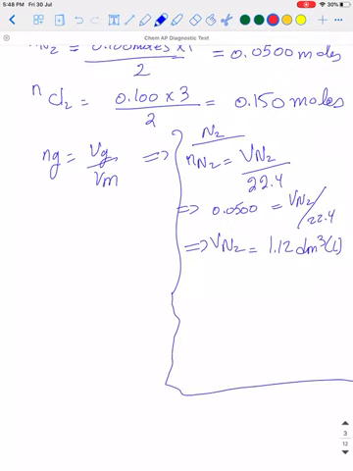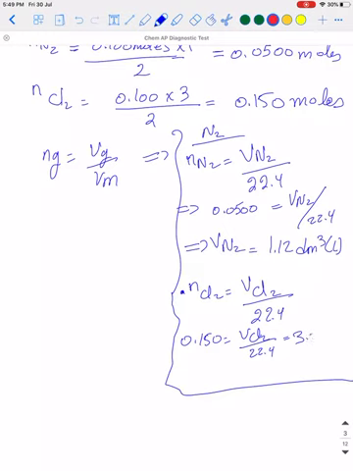Similarly, I will find for chlorine. So number of moles of chlorine is equal to volume of chlorine over 22.4. Already I found the number of moles of chlorine. By multiplying, the answer will be equal to 3.36 dm cube or liter.